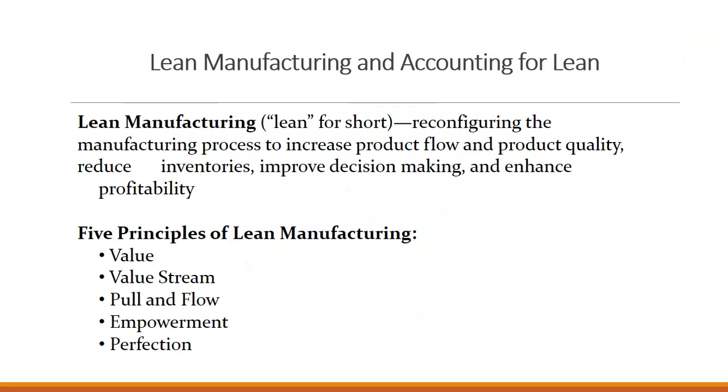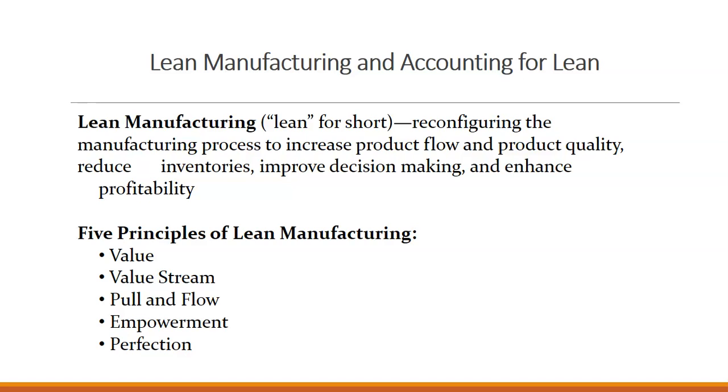The last thing that we talk about in chapter 17 is lean manufacturing and lean accounting. Lean manufacturing is reconfiguring the entire manufacturing process to increase product flow and quality while reducing any non-value added activities. So we reduce inventories, improve decision making, and enhance profitability.